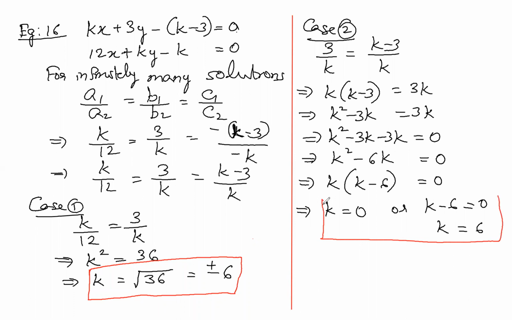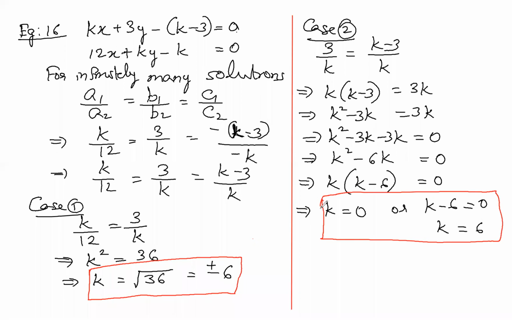And very important, when you write the conclusion, the one which is common in these two cases is the ultimate solution. So the value of k which satisfies both the conditions is k is equal to 6. That is the final solution.